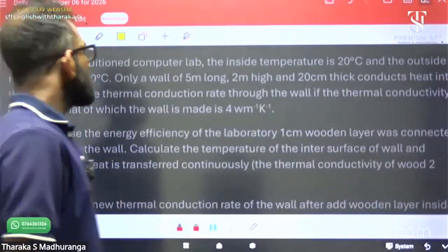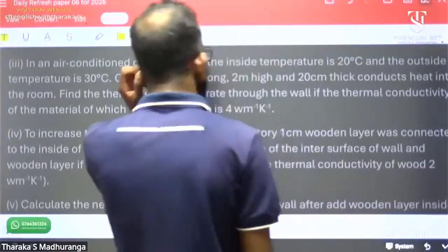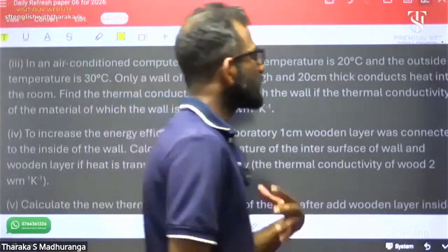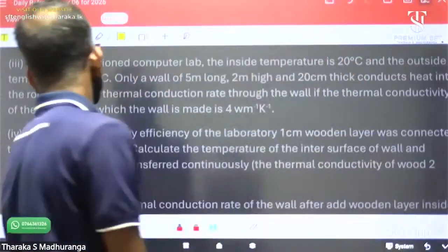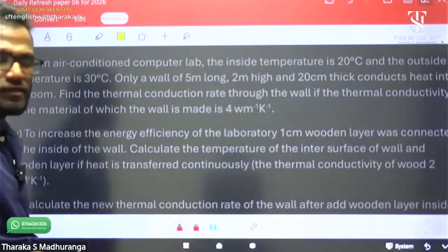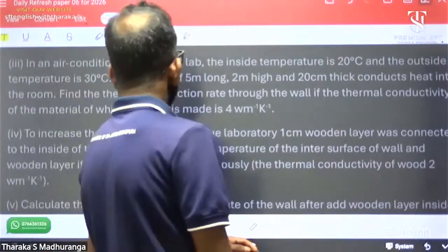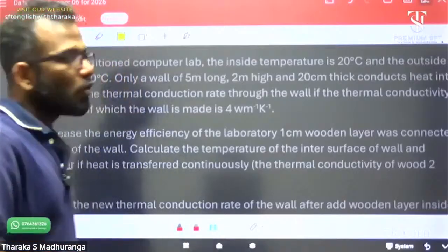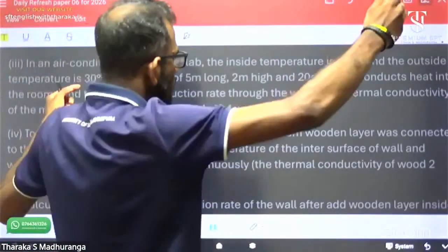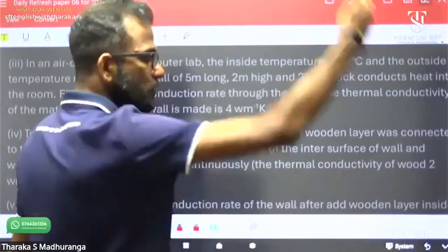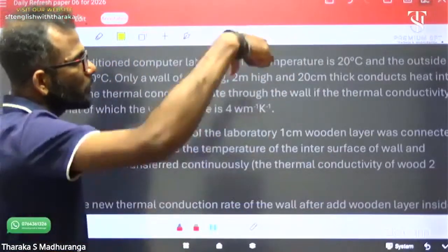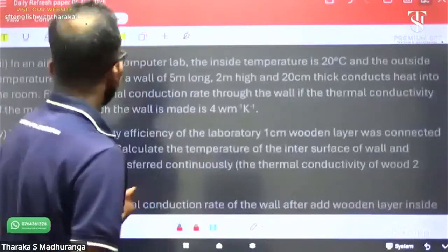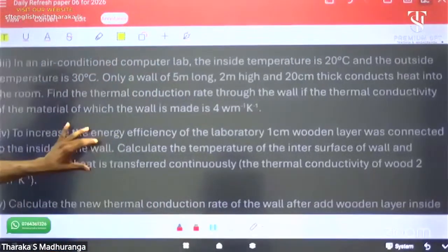In an air conditioned computer lab, the inside temperature is 20 Celsius and the outside temperature is 30 Celsius. A wall of 5 meter length, 2 meter height and 20 centimeter thickness conducts heat into the room.